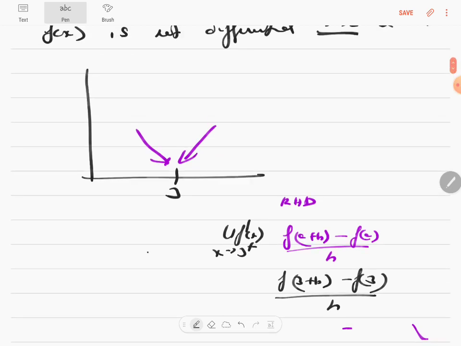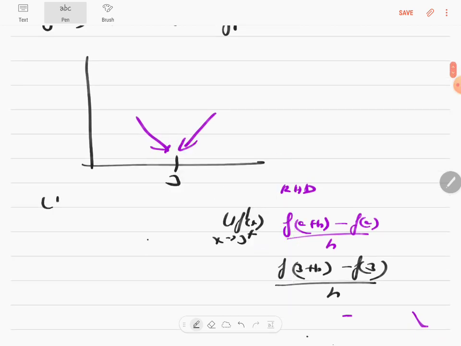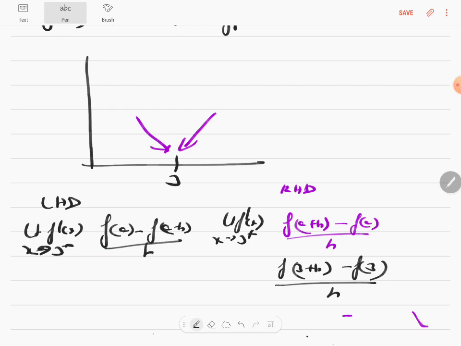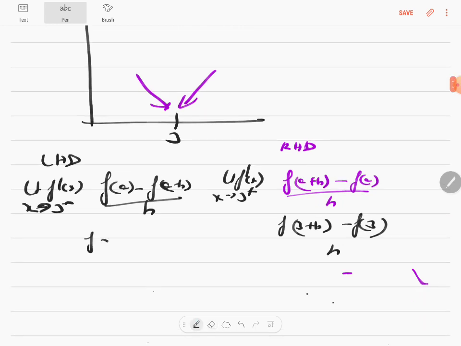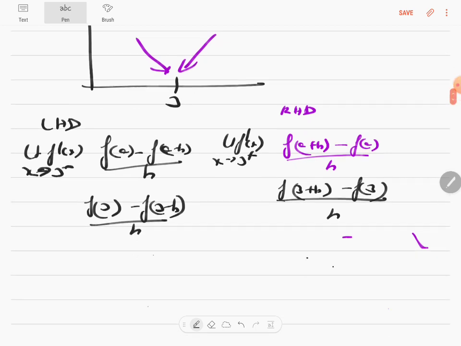Similarly, we're going to write the left hand derivative, which is the limit of f dash of x as x tends to 3 from the left. Its formula is f of a minus f of a minus h by h. As I told you, in the book they would swap it and put a minus sign below. You can also write that, but I would like it like this. So it's f of 3 minus f of 3 minus h by h. Okay, so this is for the left and this for the right.